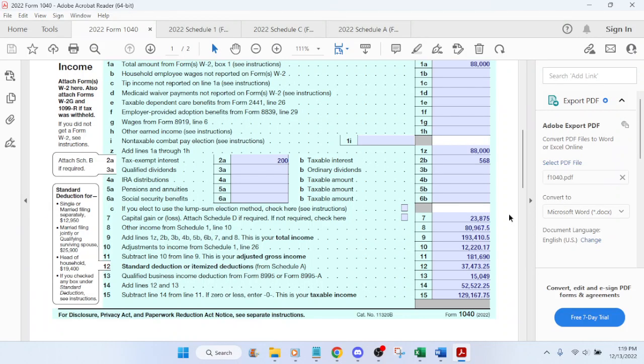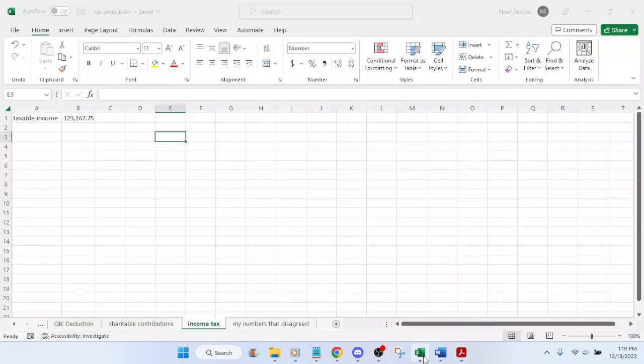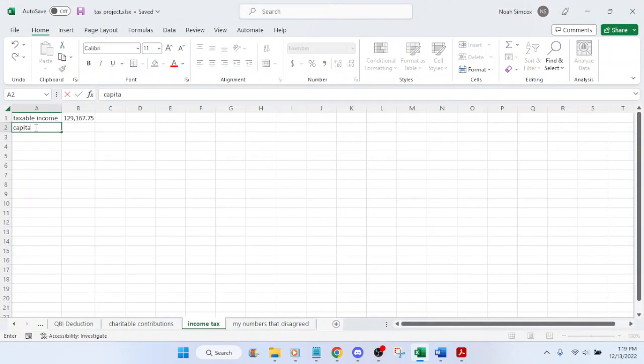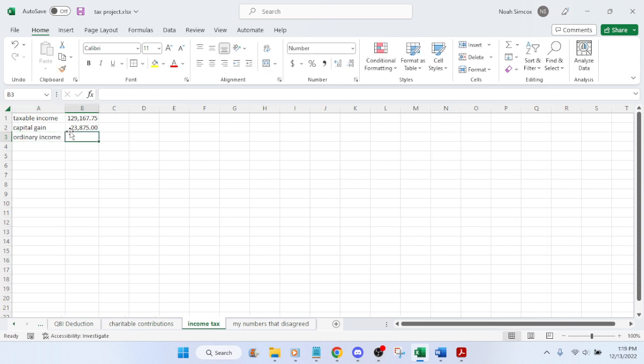And so capital gain, capital gain, or 23, what? 23,875. So ordinary income is going to be equal to this minus this.